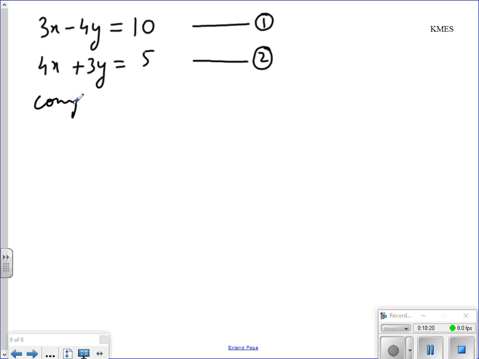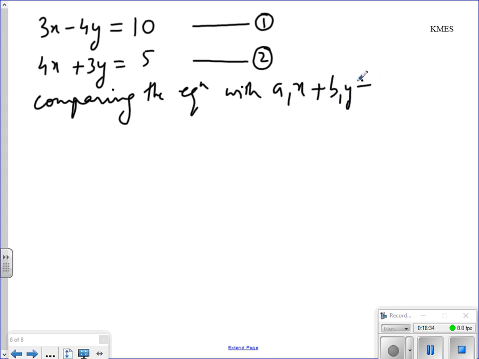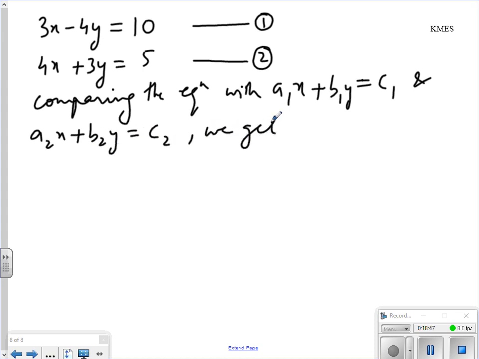Let us try it. Comparing the first equation with a1x plus b1y equal to c1 and the second equation with a2x plus b2y equal to c2, we get, the first equation we have is 3x minus 4y equal to 10.